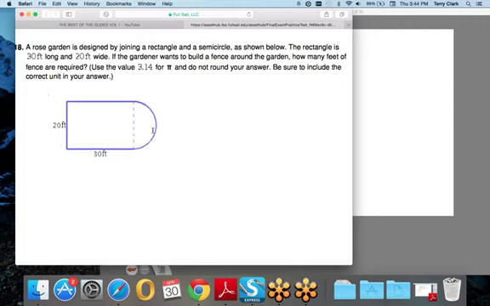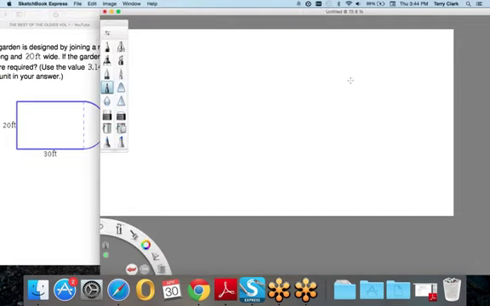Okay, so for this one, we're talking about perimeter. So we simply got to find the perimeter of the rectangle and the circle. So what I'm going to do is put my dotted line here. Now, the 20 feet on this side is going to be the same 20 feet here.